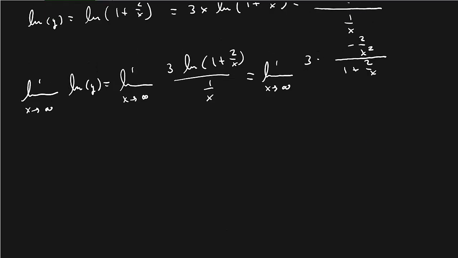All right, so I took the derivative of the numerator, and then I can take the derivative of the denominator. Well, that's negative 1 over x squared.